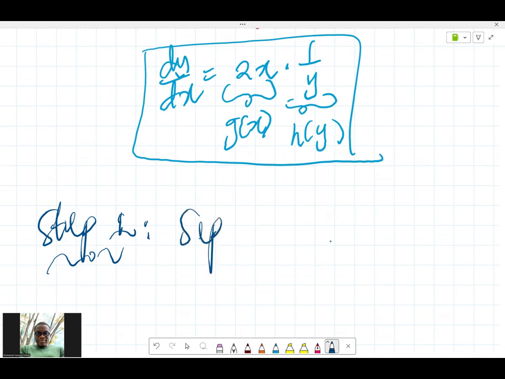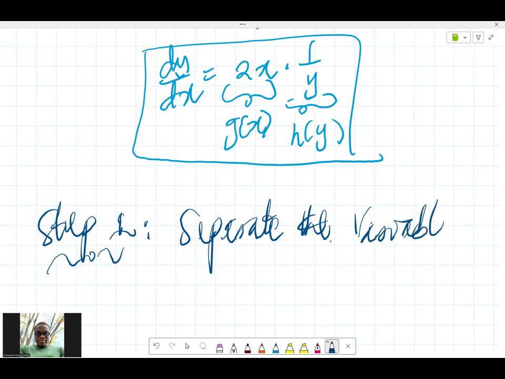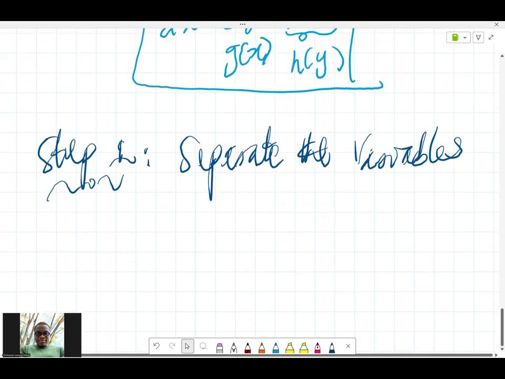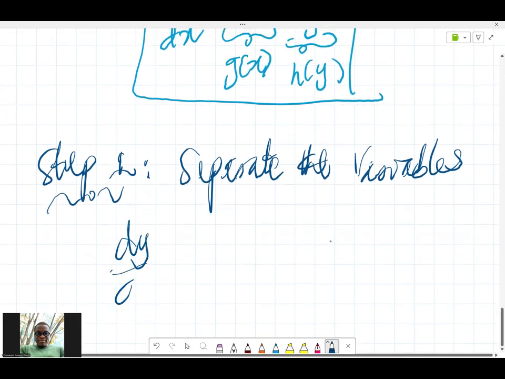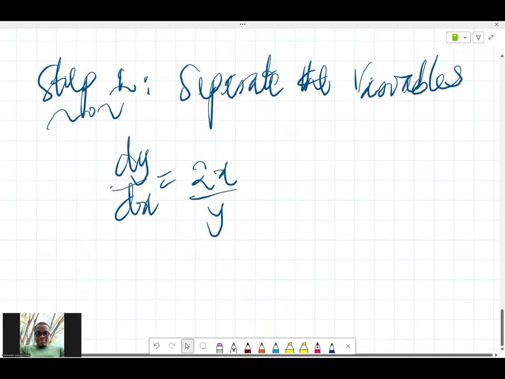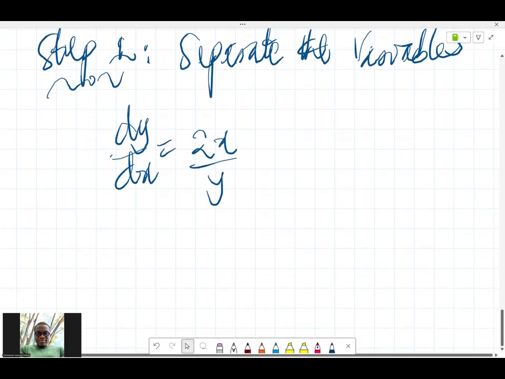You separate the variables. So you have dy/dx equals 2x over y in variable separable form, like I said the other time. I've shown that it is variable separable, so you can collect similar variables together.